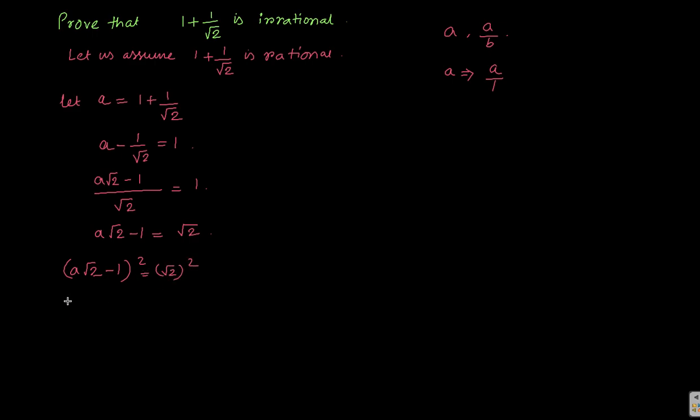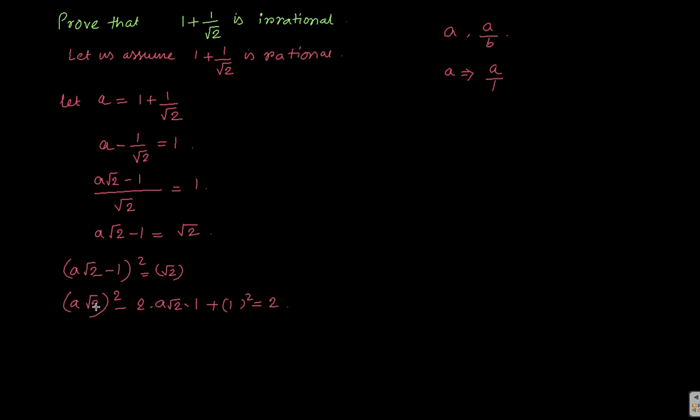Elaborately, a root 2 whole square minus 2 into a root 2 into 1 plus 1 square is equal to 2.